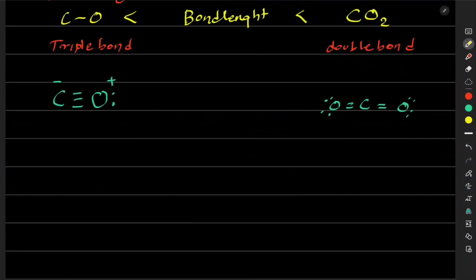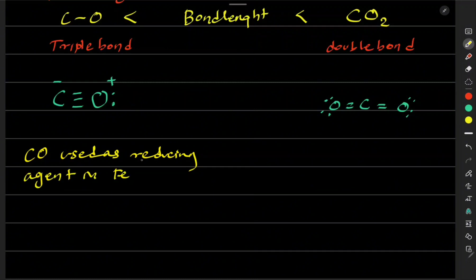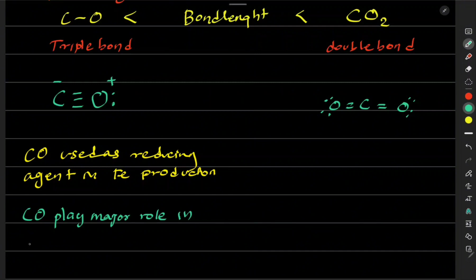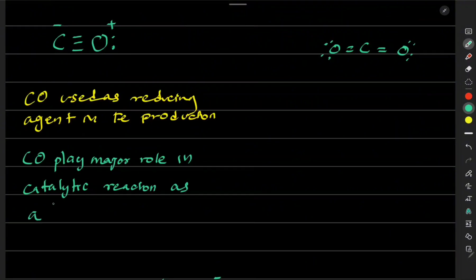Carbon monoxide acts as a reducing agent in the production of iron. Carbon monoxide also plays a major role in catalytic reactions as a ligand.